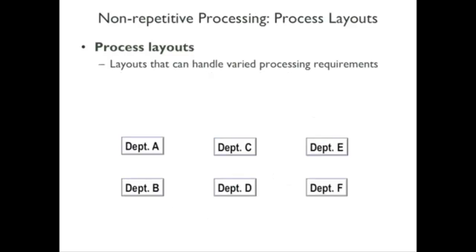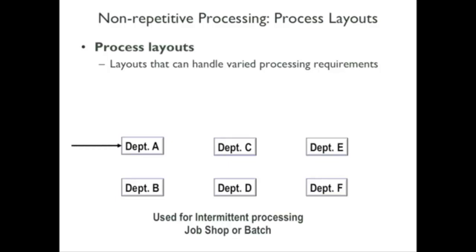So non-repetitive process layouts, this is where it goes slightly different. In this case, this is intermittent processing, maybe a job shop. Something comes into Department A and it goes around and leaves at Department F. So a good example of this might be registering for a class.